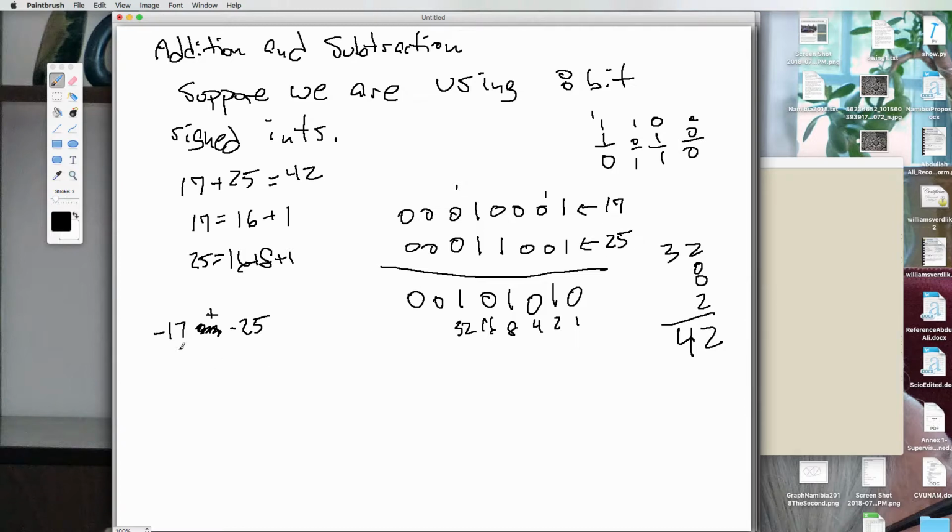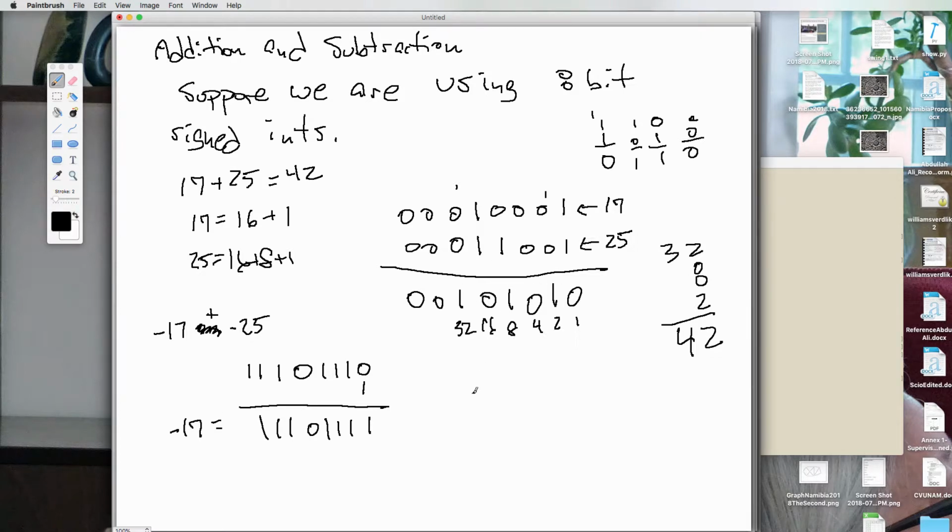So first what I have to do for 17, I'm going to complement all of these bits, and I get 1, 2, 3, 0, 1, 2, 3, 0. So that's complementing the bits, and I'm going to add 1 to it, and I get 1, 1, 2, 3, 0, 1, 2, 3. So that's 1, 2, 3, 4, 5, 6, 7, 8. And remember, minus 17 is equal to that.